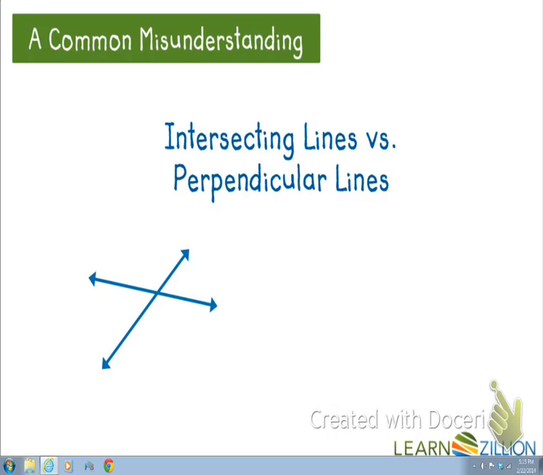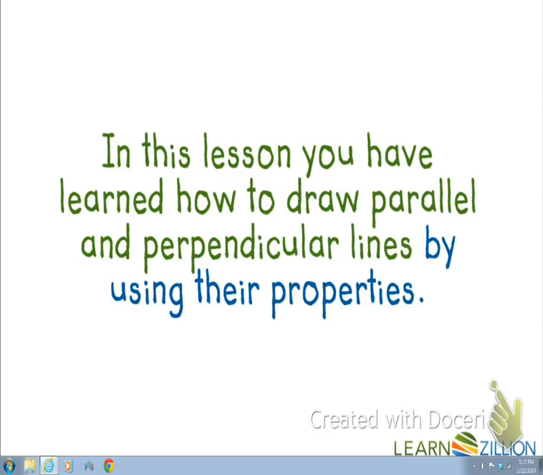If the angles are 90 degrees, which are right angles, then the intersecting lines are perpendicular. You can also see if a square corner is formed. Now, if a square corner is not evident, then we do not have perpendicular lines. These lines are classified as intersecting lines. In this lesson, you've learned how to draw parallel and perpendicular lines by using their properties.